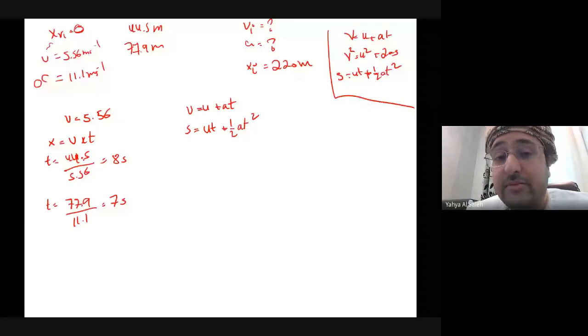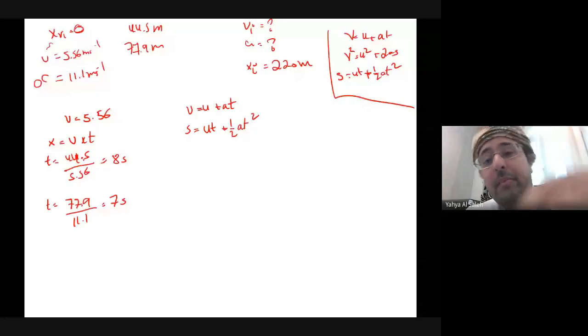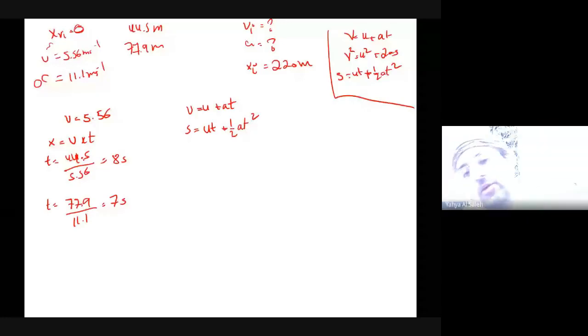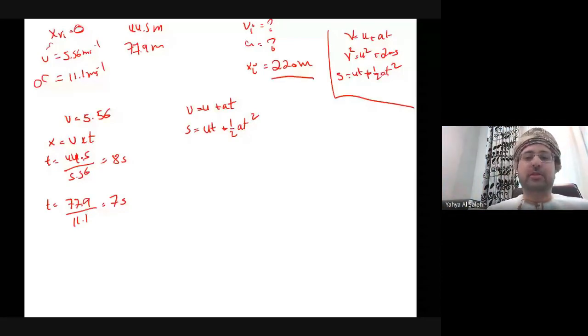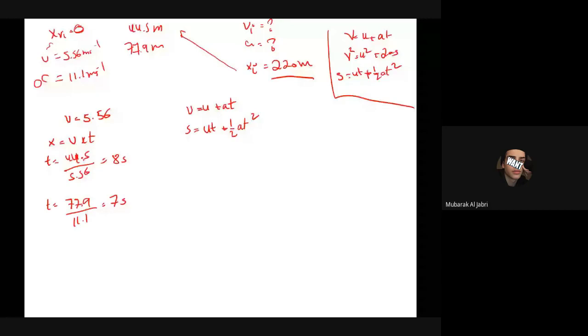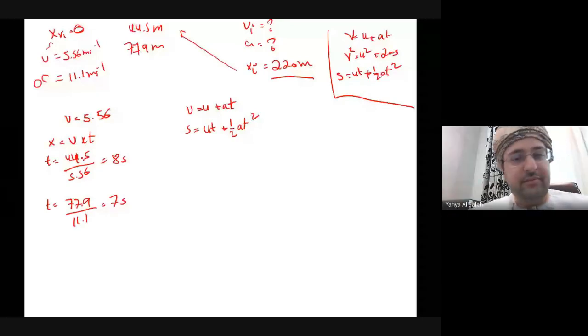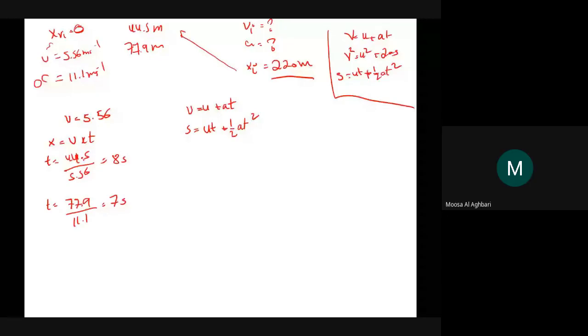Yeah, that one is very possible. Now since we started from 220 meters, when we reach 44.5 kilometers, how far have we walked? 265.5. 175.5, correct? Yes.